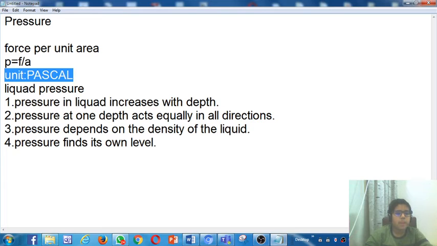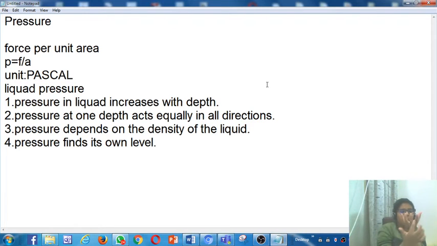Pressure at one depth acts equally in all directions. If there is a cup and I make holes in it and put it on a level surface, the water will flow out with equal pressure.